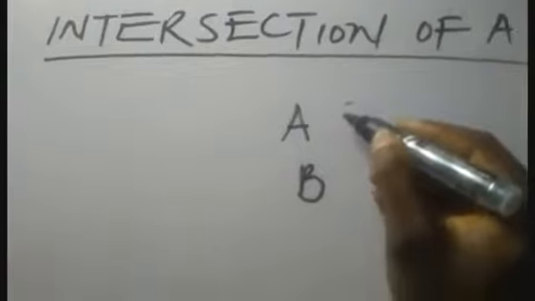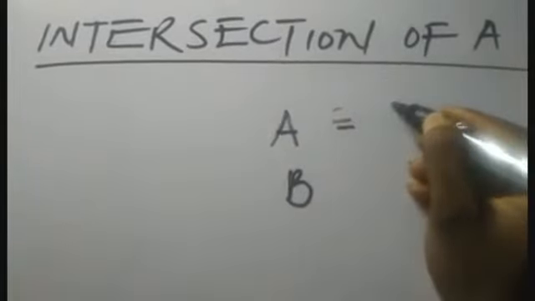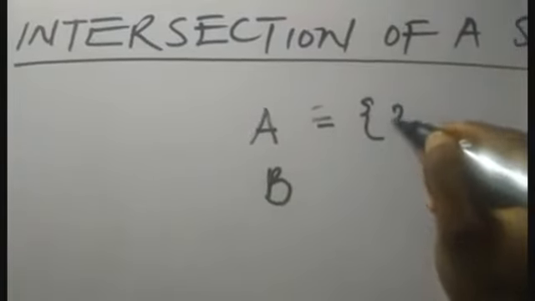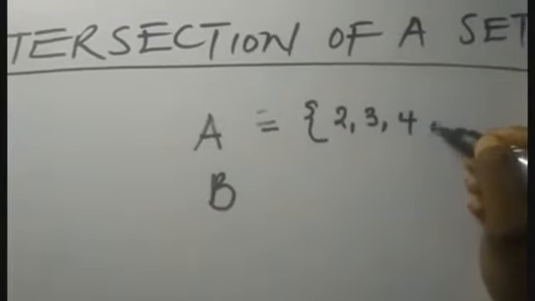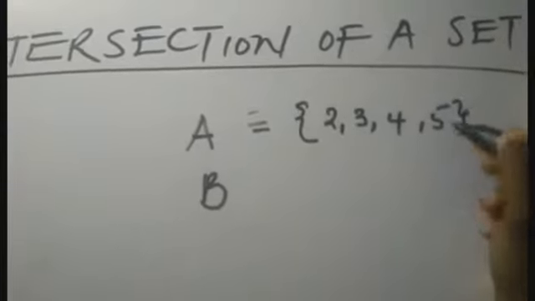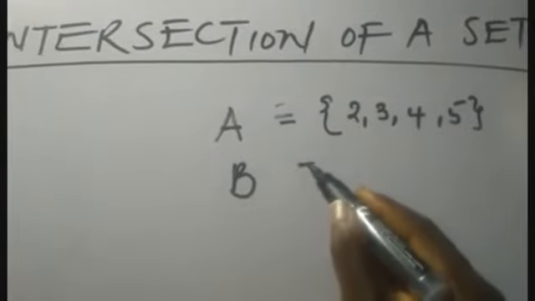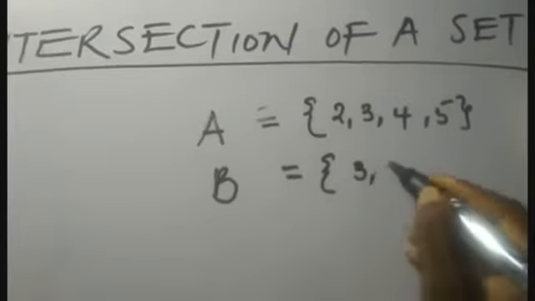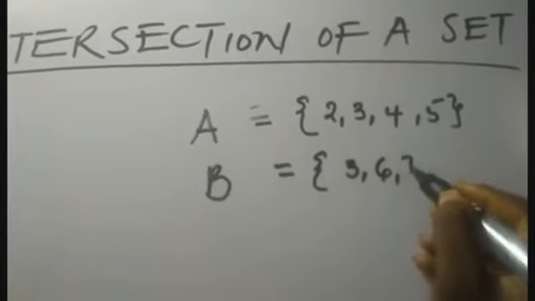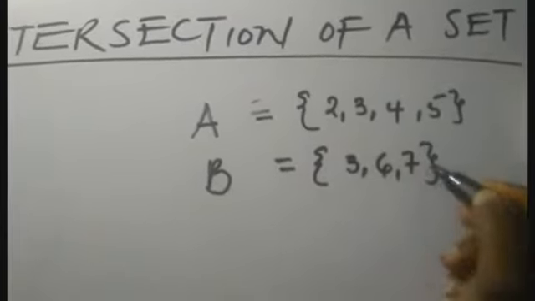Now, if A is equal to 2, 3, 4, 5, and B is equal to 3, 6, and 7.